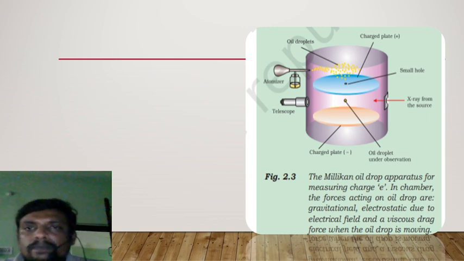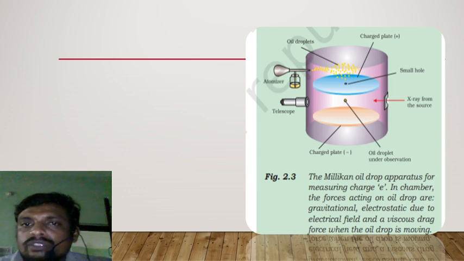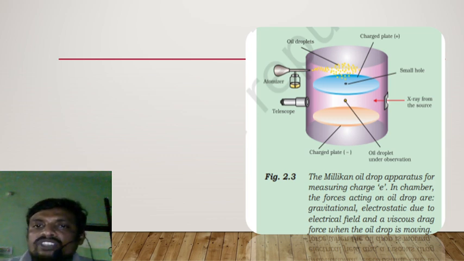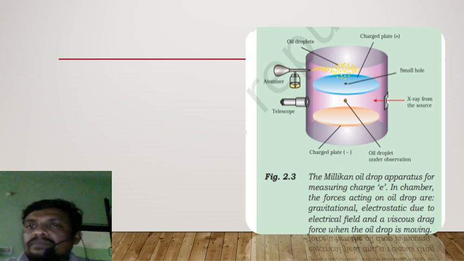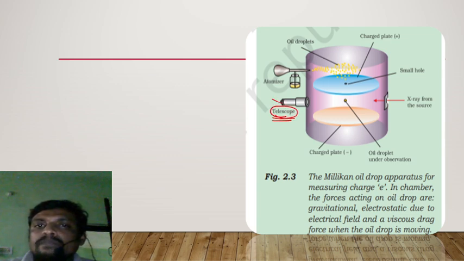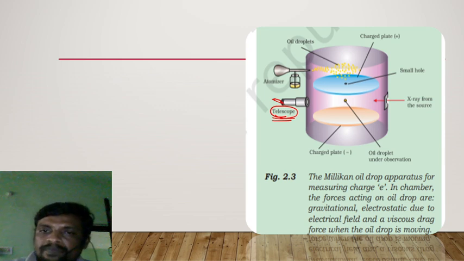If you see the experiment here, you can see the charged plate in the closed chamber, which was already ionized with an X-ray beam. Powerful X-rays are mentioned, and he observed the movement of these oil drops in the form of mist with the help of the telescope eyepiece mentioned here.